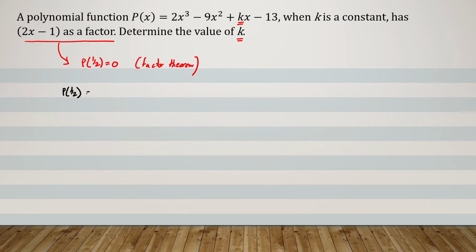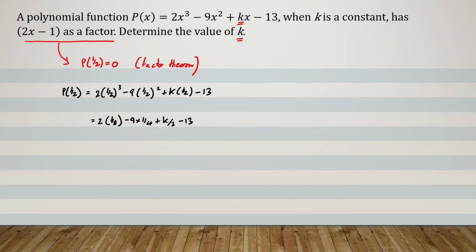So we'll have p(1/2) equals 2 times (1/2) cubed minus 9 times (1/2) squared plus k times a half minus 13. So that will give us 2 times 1/8 minus 9 times a quarter plus k on 2 minus 13.